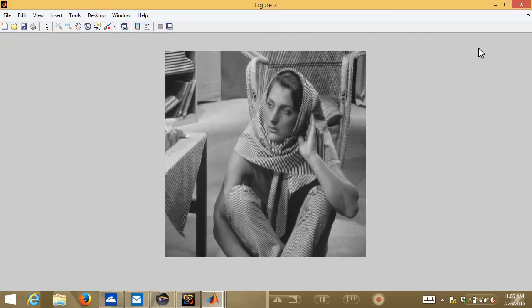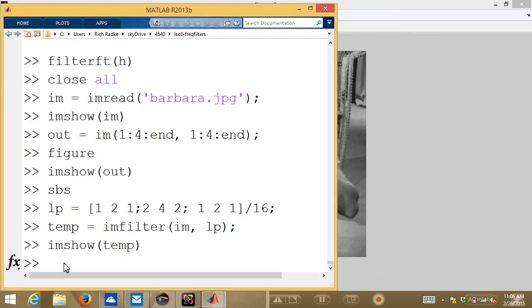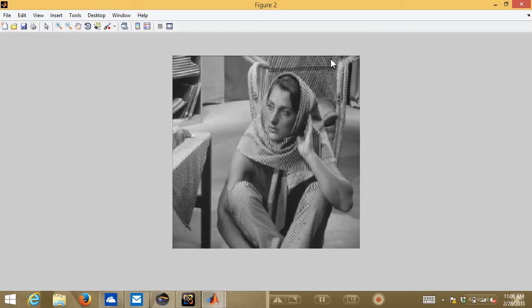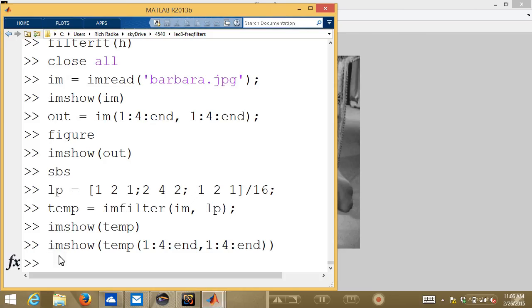And in some sense, it doesn't really look very blurry at all, does it? This may not be blurry enough. If I were to downsample this, what would I see? Same problem. So I don't think I blurred this enough.